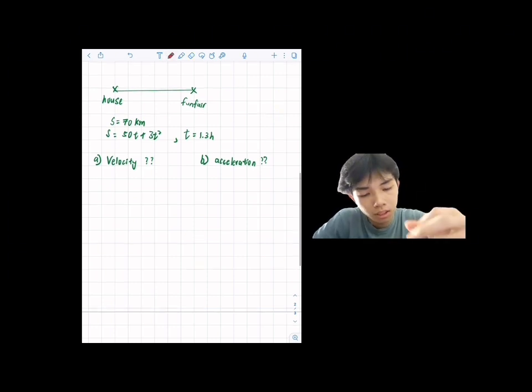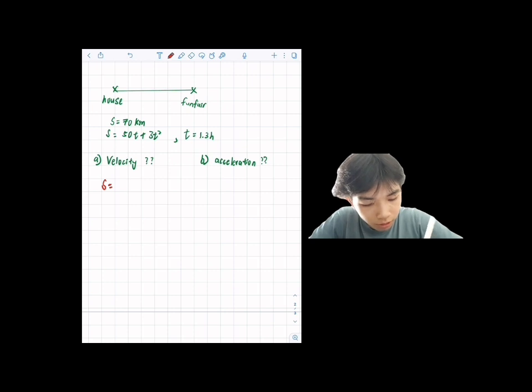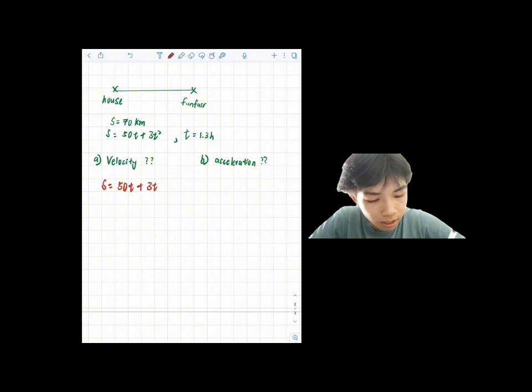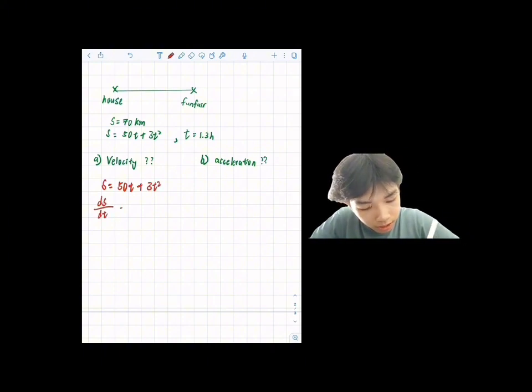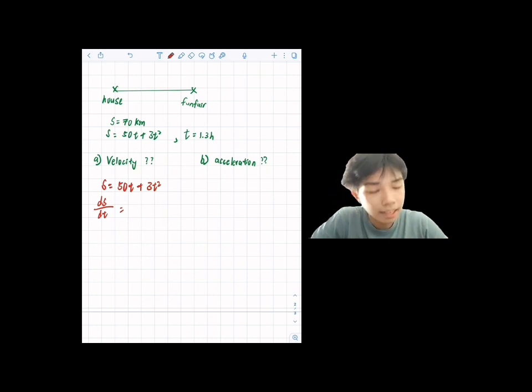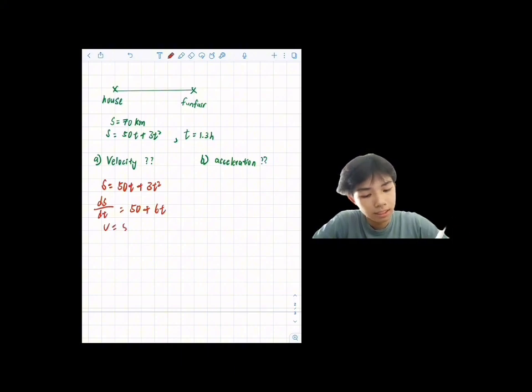So first, we need to differentiate the equation of the displacement, which is s equal to 50t plus 3t squared, and we differentiate it and it becomes the equation of the velocity. So differentiate becomes 50 plus 6t. So that is the equation of the velocity.